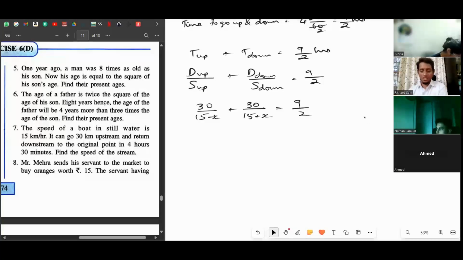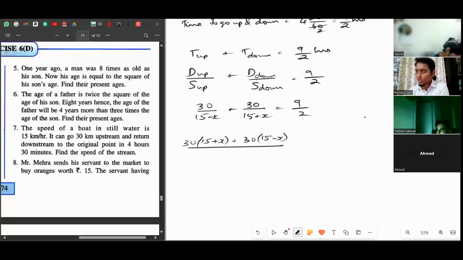Okay, so cross multiplication. The denominator is in the form of a plus b into a minus b.